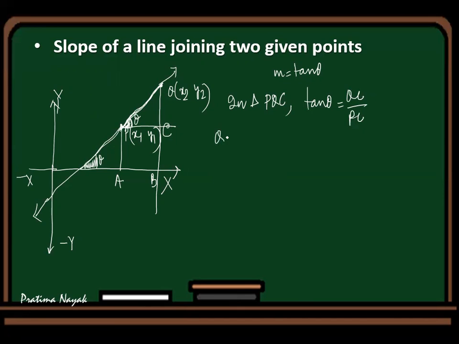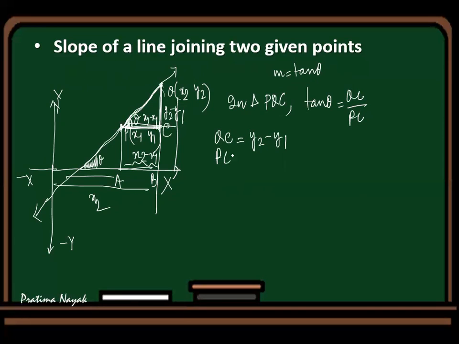What is QC? QC is nothing but your y2 minus y1. And how much is PC? PC is nothing but your x2 minus x1.